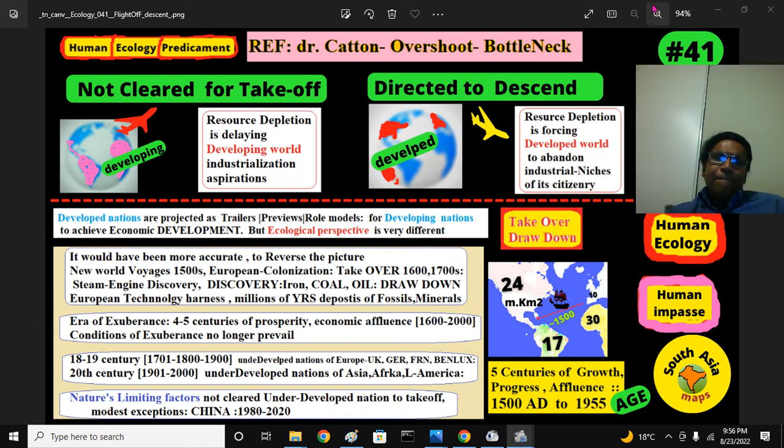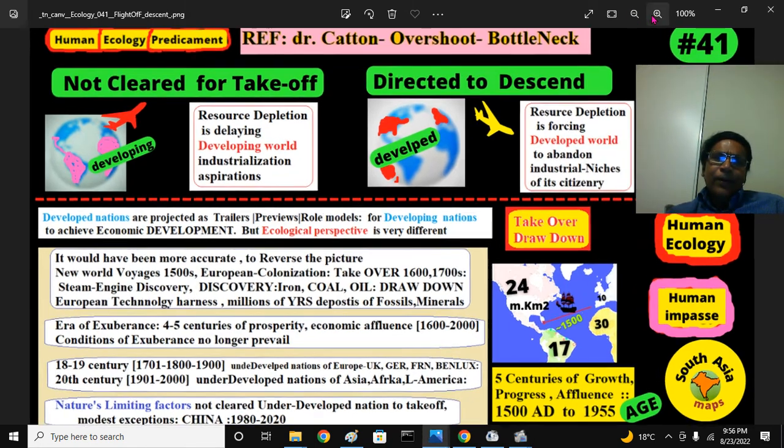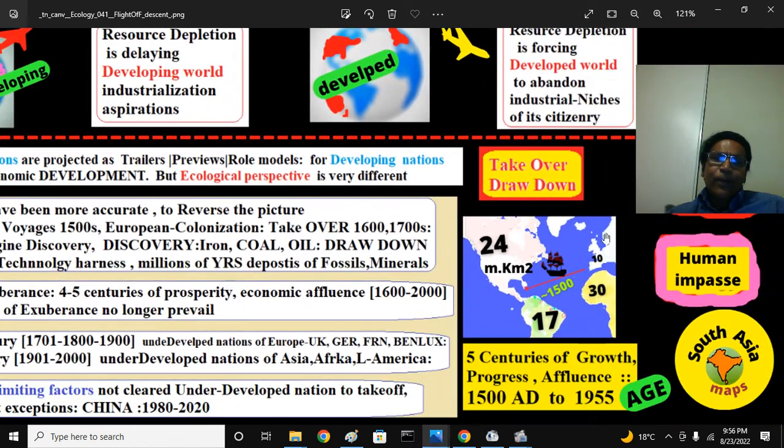This is roughly 1500. This is the old world: Eurasia, Europe, Africa, Asia. Here we have 10 million square kilometers, 30 million, 44 million.